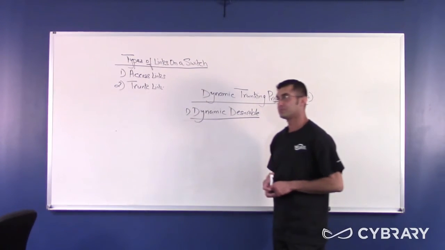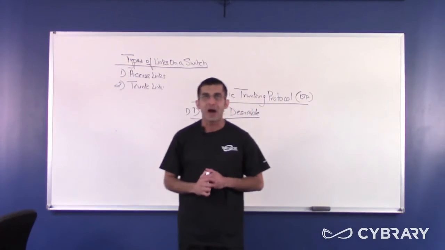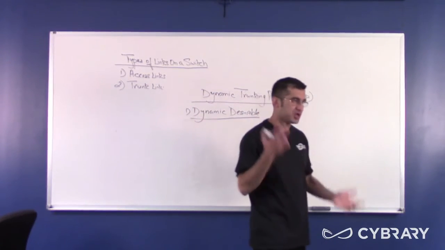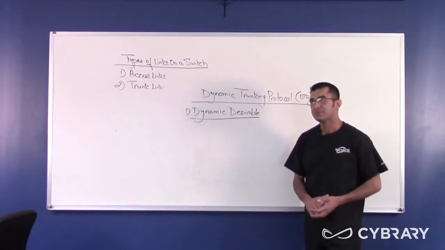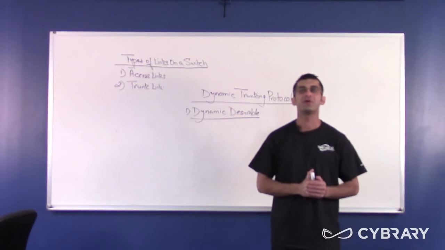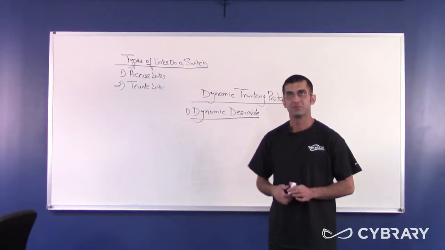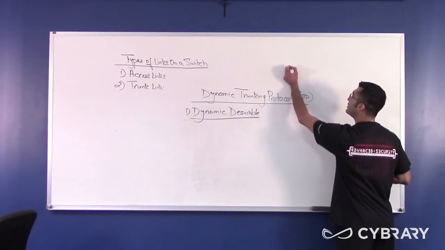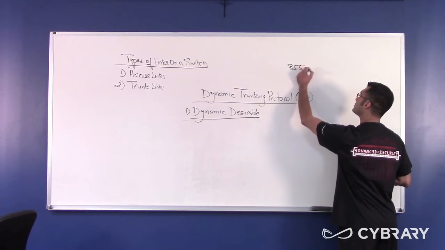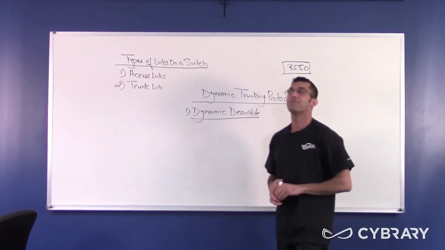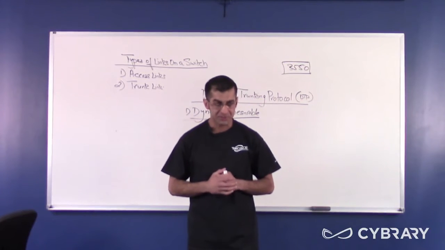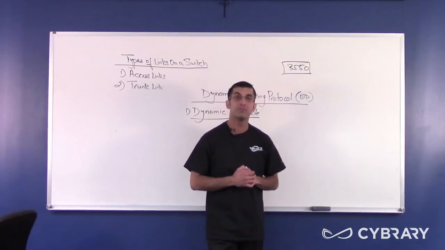Take note that switch models in the Cisco world that end with the number 50, so for example, a switch model 3550, which I have at home, will have by default all its ports in Dynamic Desirable mode.